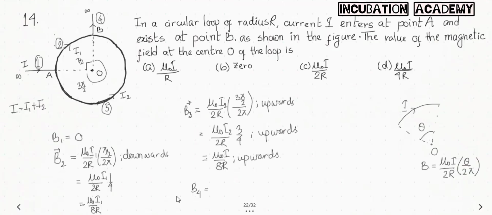So B1 and B4 do not contribute to the resultant magnetic field, only B2 and B3 do. What is BO? BO is the sum of B1, B2, B3 and B4. The magnitude of B3 is greater than that of B2, so it is simply B3 minus B2, in the upward direction.